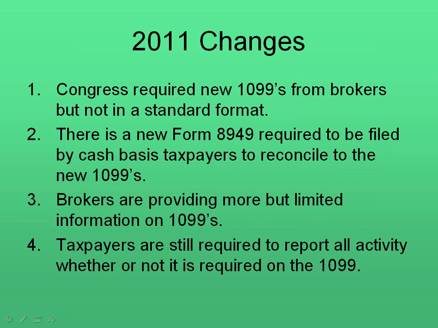We've already talked about the new Form 8949 required to be filed by cash basis taxpayers, and its purpose is to reconcile to the new 1099s. Now, Bob, I think, is going to talk about later that if you're mark-to-market, that Form 8949 is not required. So that's another advantage of being mark-to-market, besides the tax loss insurance.